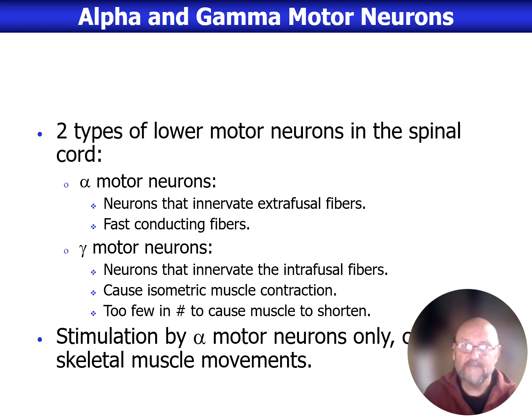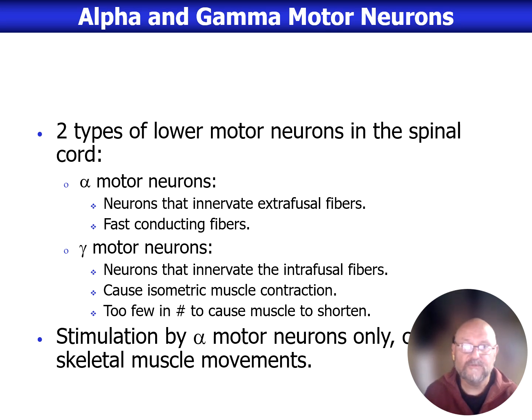But we also have gamma motor neurons, and these attach onto the intrafusal fibers. They cause an isometric muscle contraction because they're holding the spindles at the same length as the contracting muscle cells around them, and that allows the brain to know exactly what the length is of that muscle at any time.